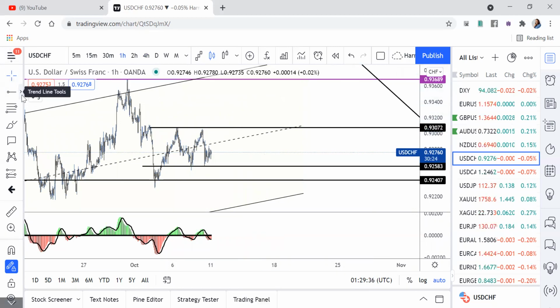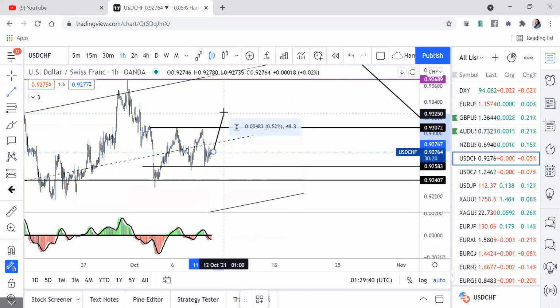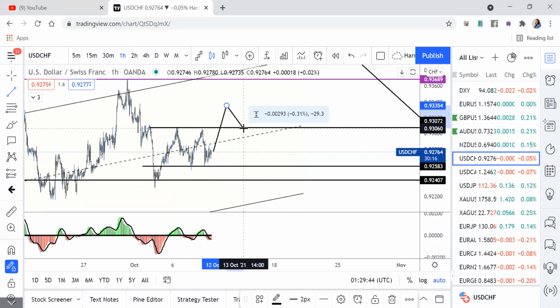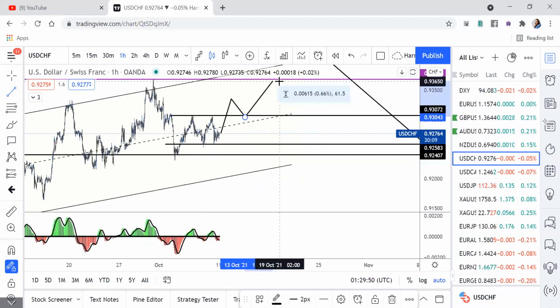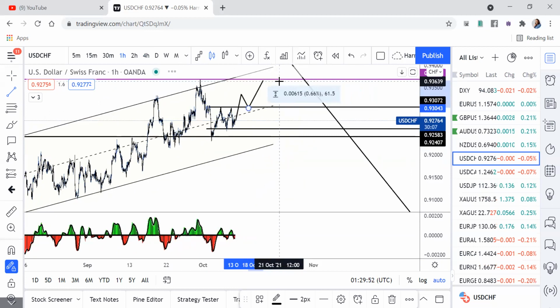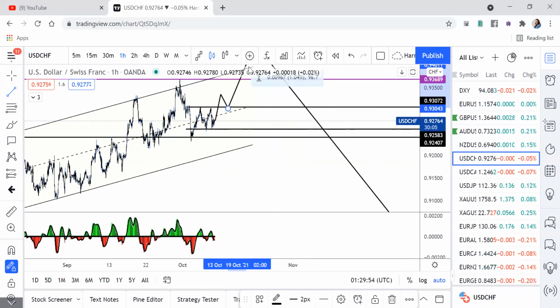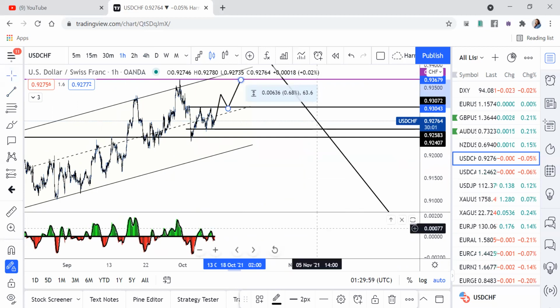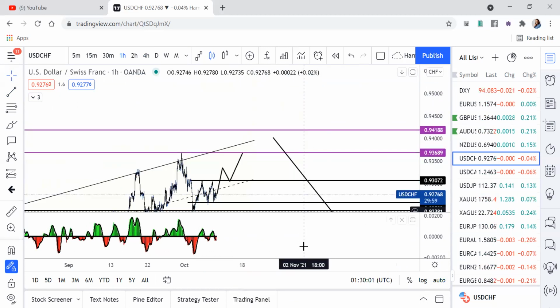I'll do it here for you. Wait for this. Wait for an imbalance candle to form, and then we will look to take the buy based off of the imbalance. But the only play right now on USDCHF is buys.